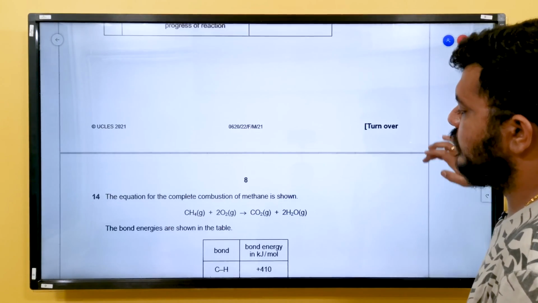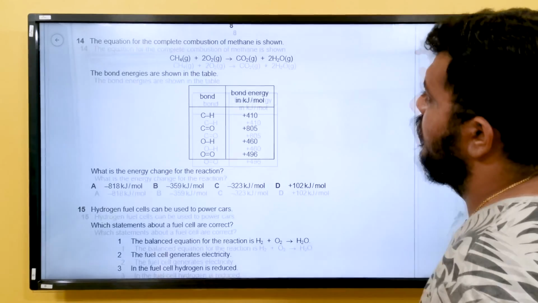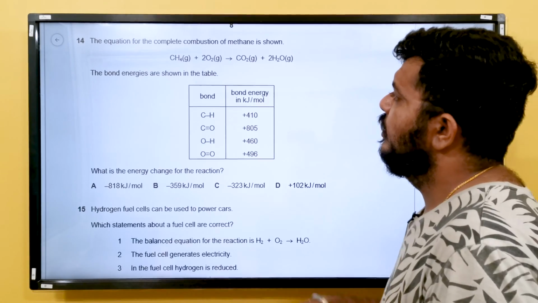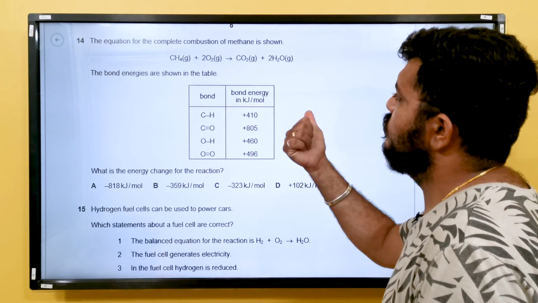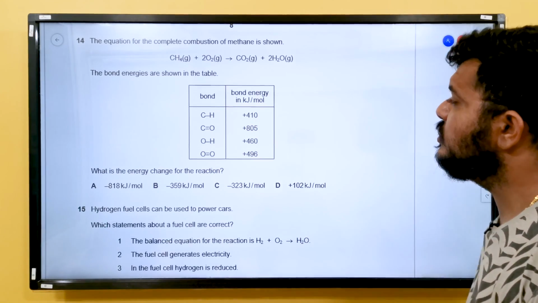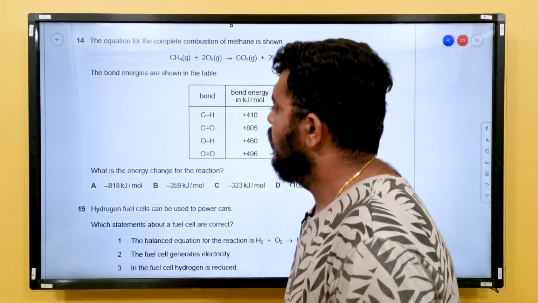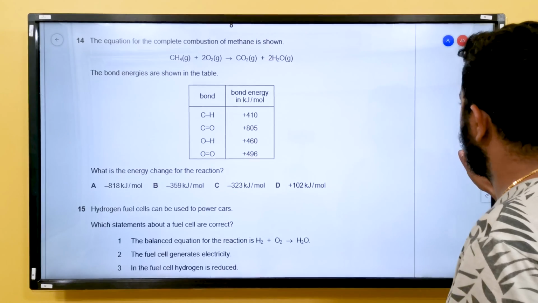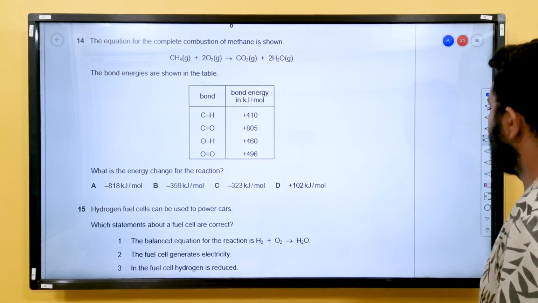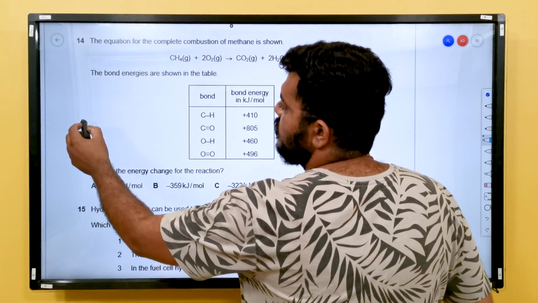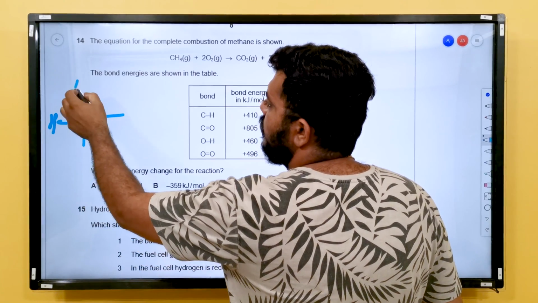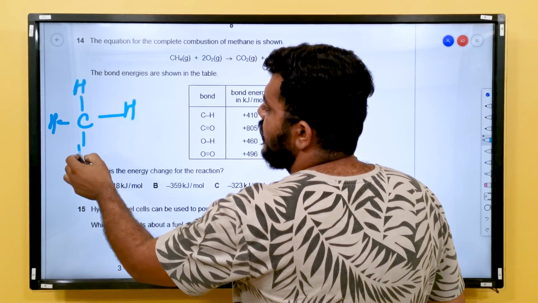Okay, let's look at the next question. The equation for complete combustion of methane is shown. CH4 gas plus 2O2 gas gives CO2 gas plus 2H2O gas. Okay, what is the energy change for this reaction? And bond energies are already given. So let's first draw the structure of what bonds are broken and what bonds are made.